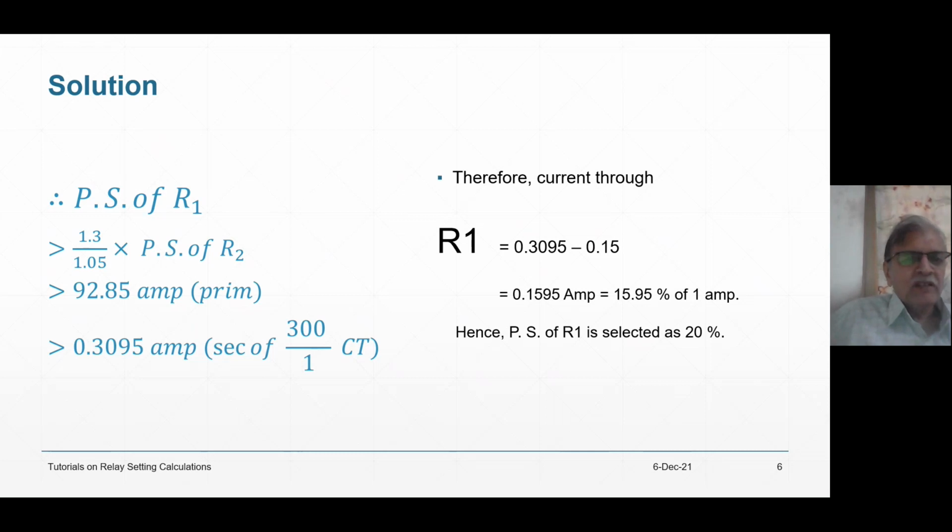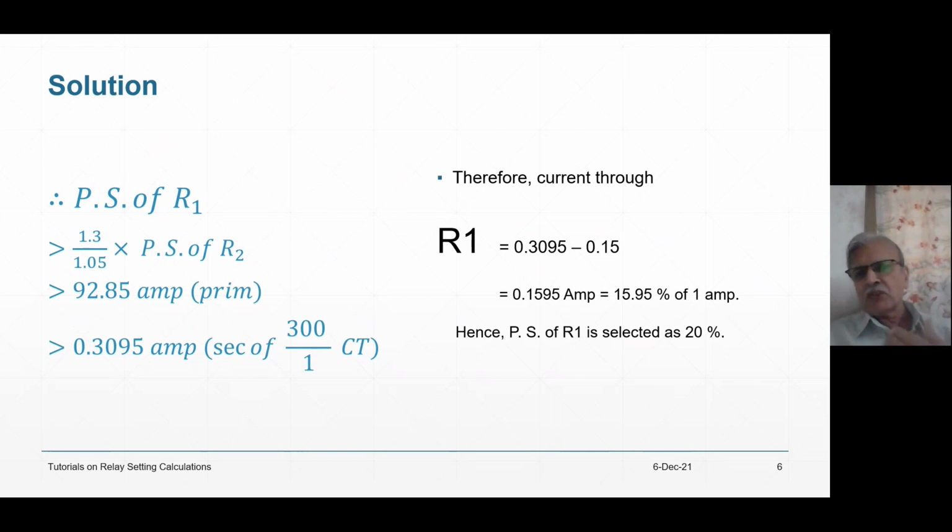Because with 300/1, roughly 100 ampere is 33%, so 0.3095 ampere is the current in secondary. Now, current through R1 is not 0.3095, it is 0.3095 minus 0.15, because 0.15 of excitation current is to be deducted. So current flowing through R1 is 0.1595.